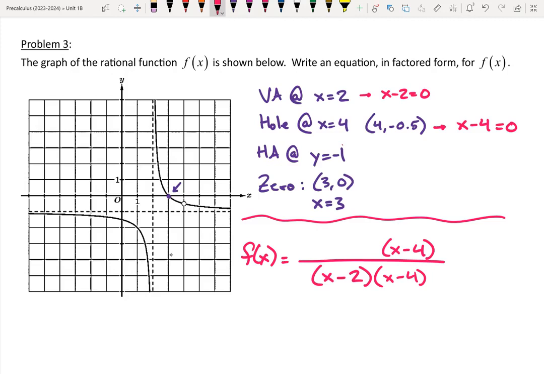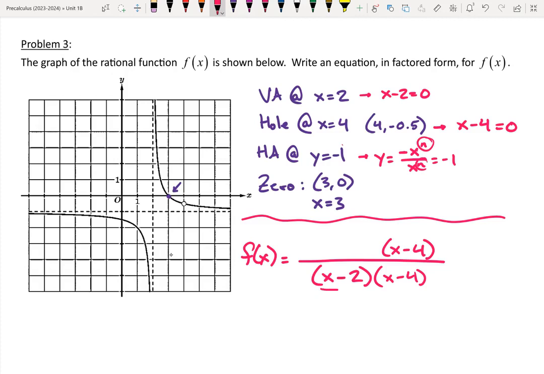So that means that I should have, in this y equals, a negative and then x to the same power in both the top and the bottom, because then that would cancel out to negative 1. So I need to make sure I have the same power in the top and the bottom.